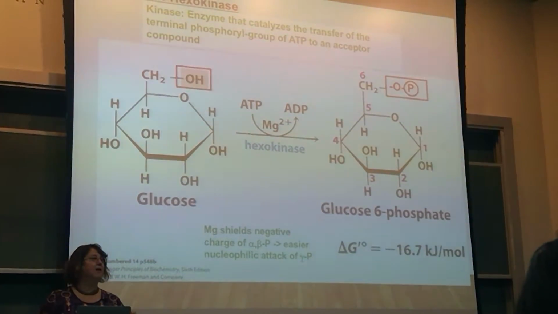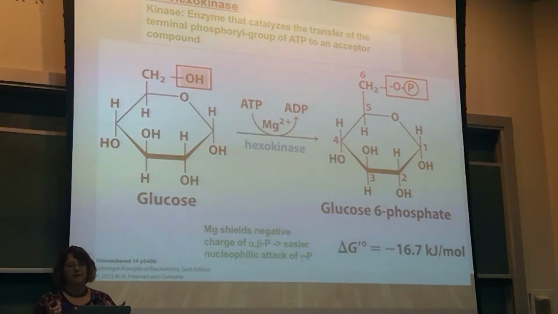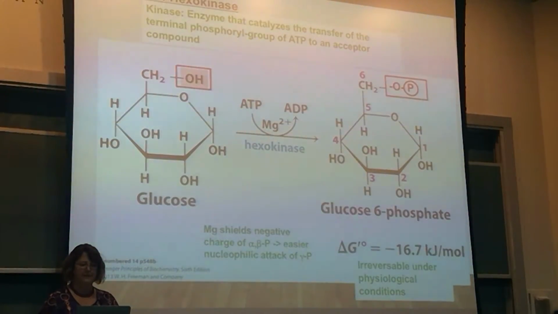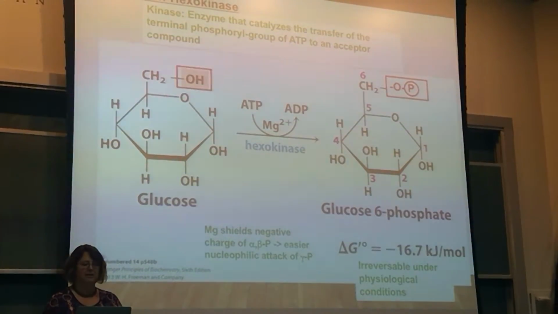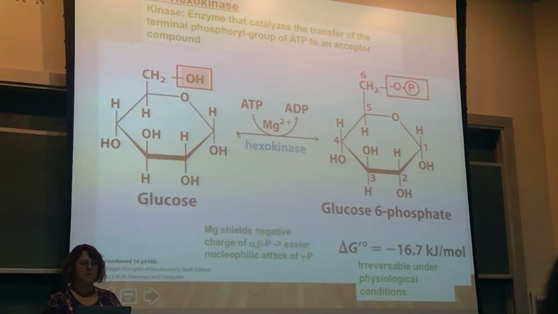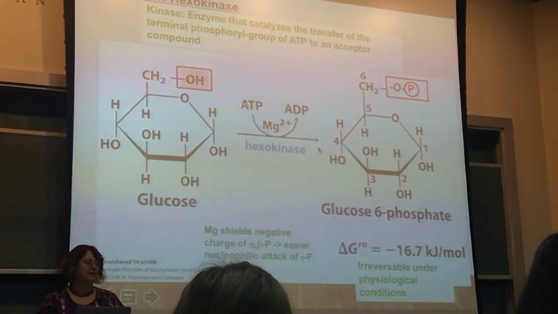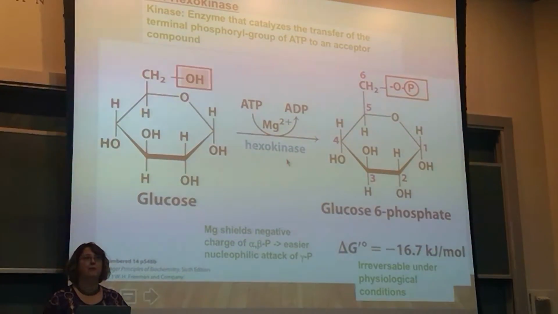We are not focusing on the exact mechanisms, but you can just know that the magnesium is actually shielding the negative charge of the phosphate to make the reaction faster. And this should be irreversible and spontaneous under physiological conditions. And here too, I'm sure you all know this, but when I have one arrow, it's only going in one direction, whereas if you have two arrows, then it has the potential to be reversible.